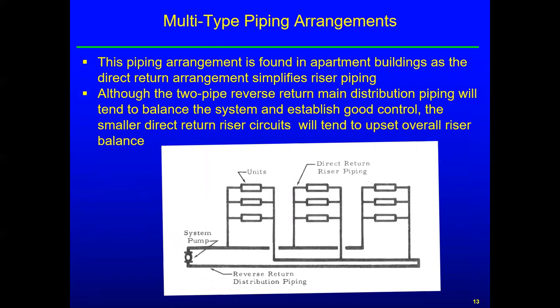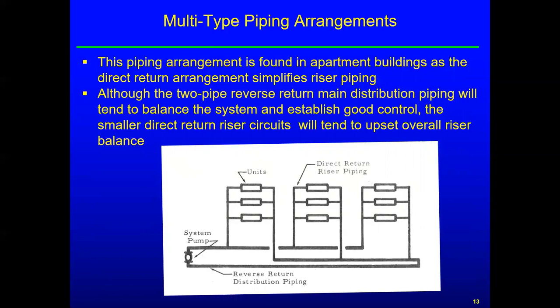We see this a lot of times in apartment buildings, as the direct return arrangement on the riser simplifies the piping, because otherwise you've got fairly small chases running vertically up through that. You might have a 3, 4, 5-story building, a high-rise apartment building, and it's awkward to run that reverse return in a fairly small chase.